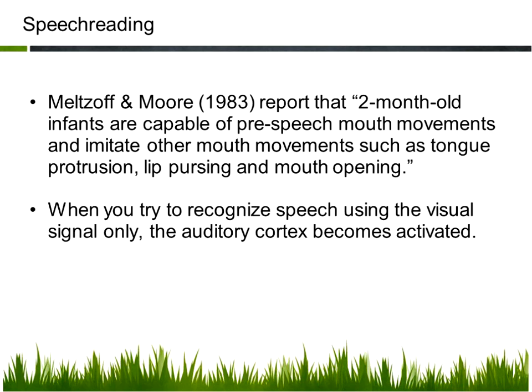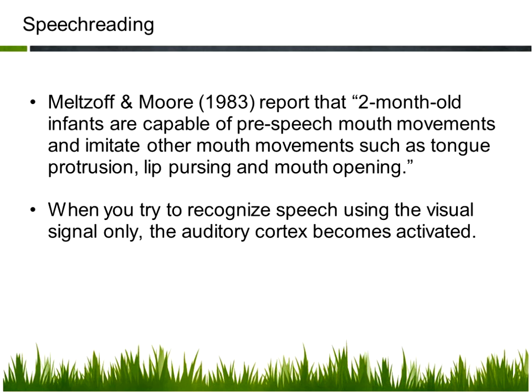So when we try to recognize speech using even the visual signal only, actually our auditory cortex becomes activated. Because as normal listeners, language is centered in, and speech sound recognition is centered in our auditory cortex.